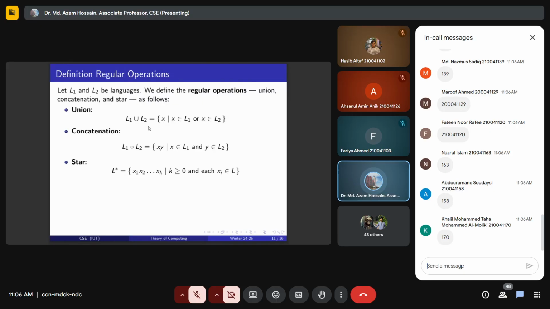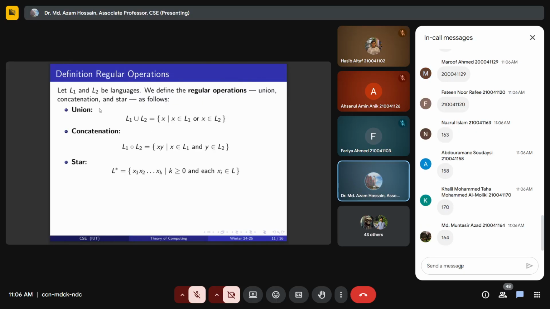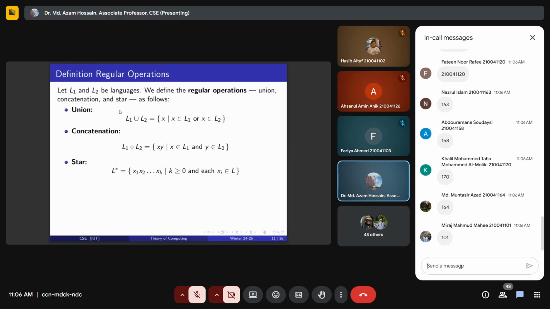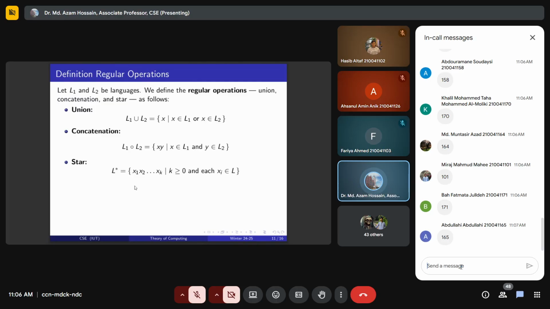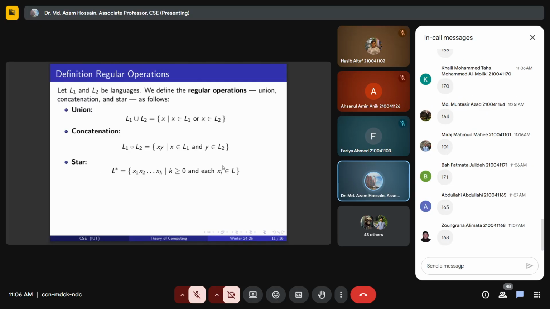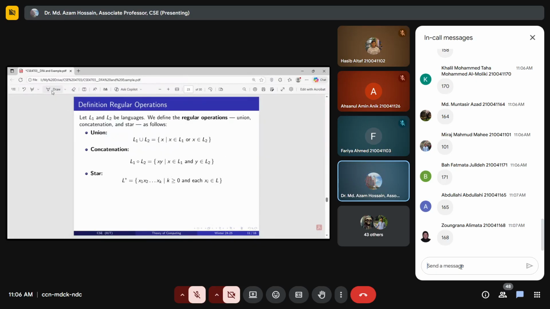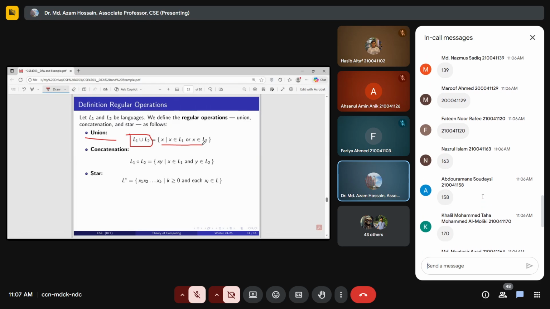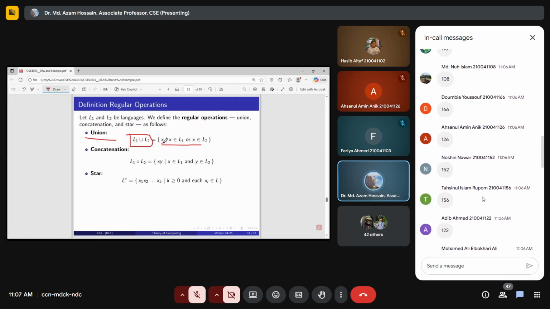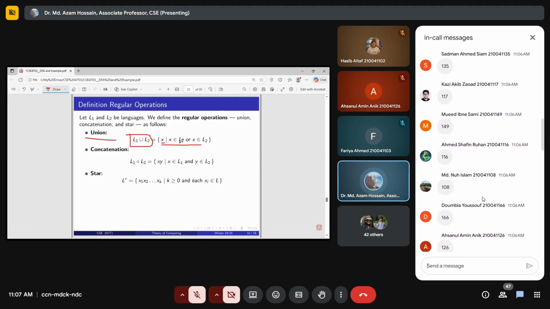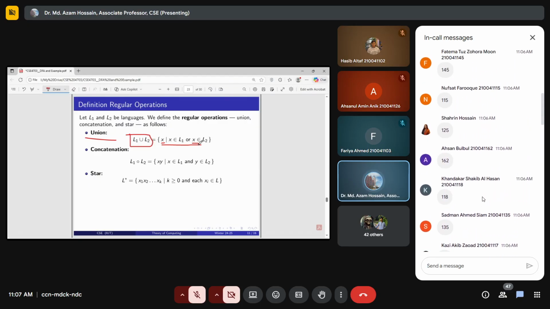So, regular operations. Suppose we have two languages, L1 and L2, and we define the regular operations union, concatenation, and star. You will see another new operation here. I need to write something, so I'm minimizing the slide. Union, you know, if I want to make the union of two languages, what does it mean? It means I have a new set where any member X, which is a string, is either from L1 or from L2.